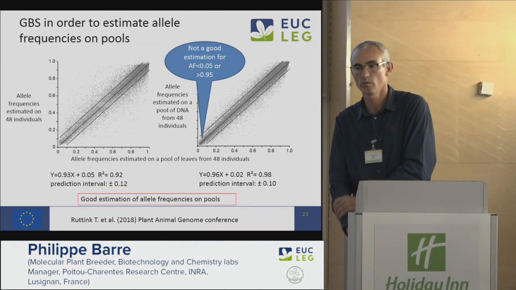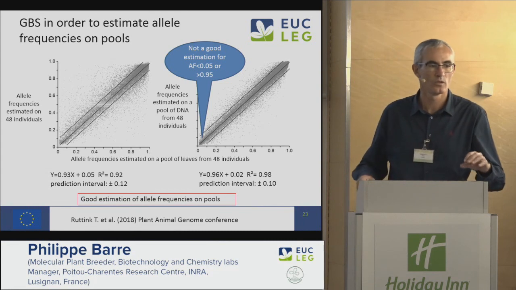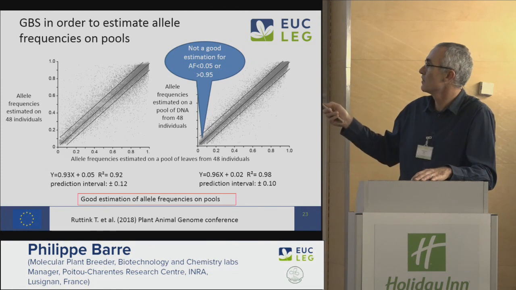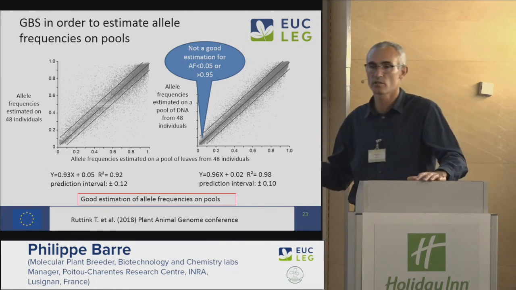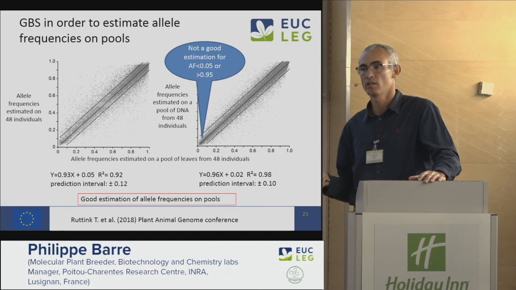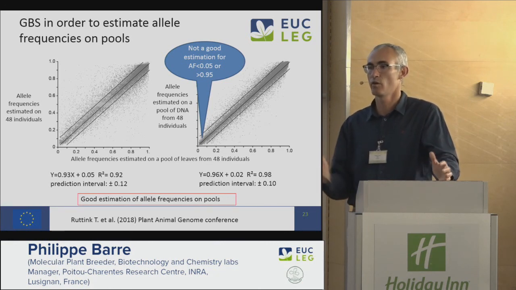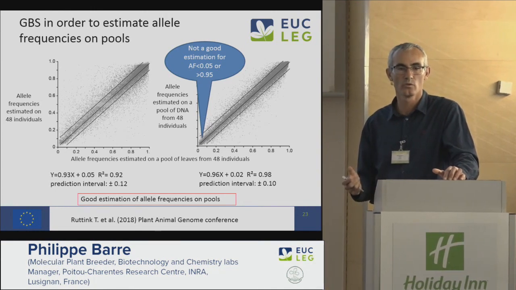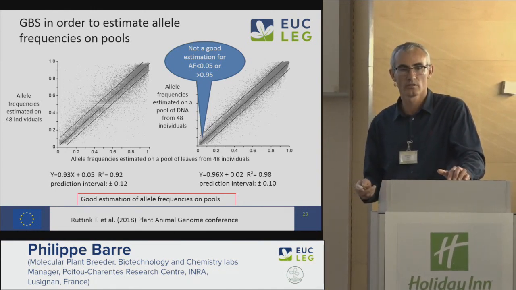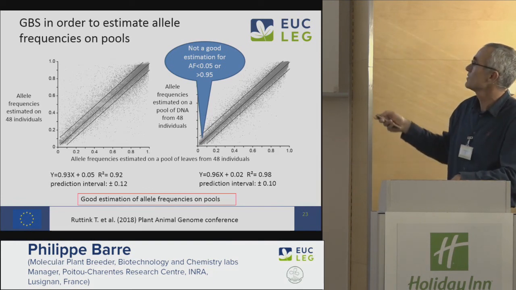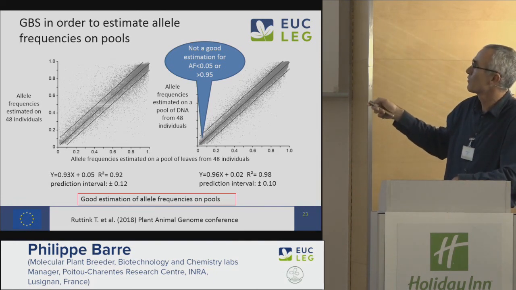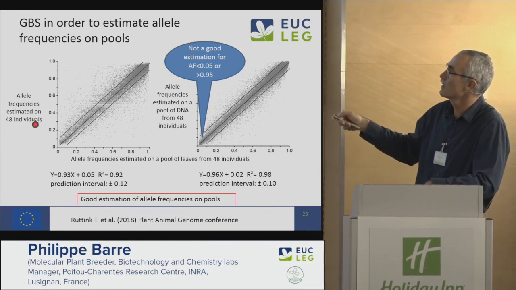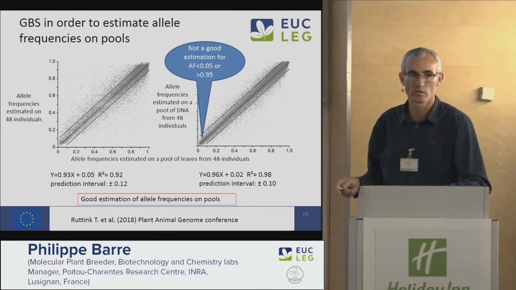What you can do with GBS with populations is estimate the allele frequency of a population. And this is something that often you can't do with other markers. So this is an example with perennial ryegrass also. And here it's the allele frequency estimated based on 48 individuals.